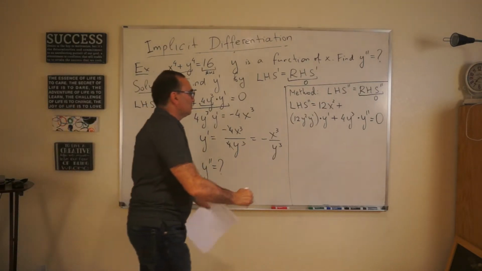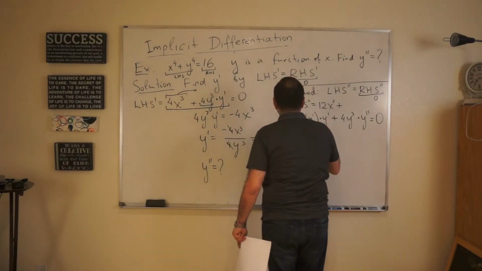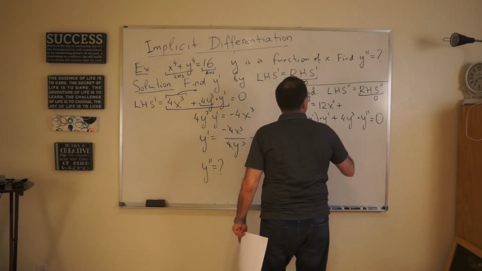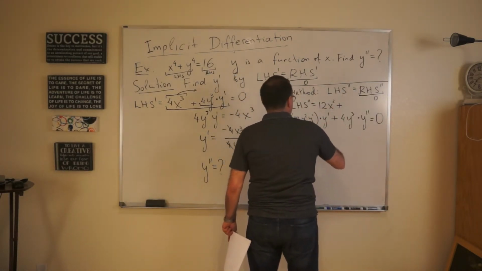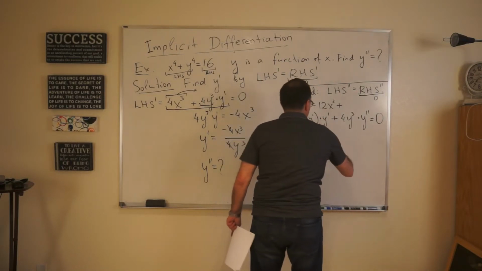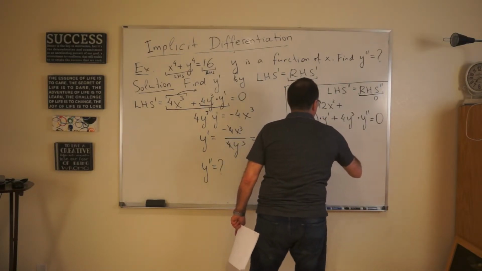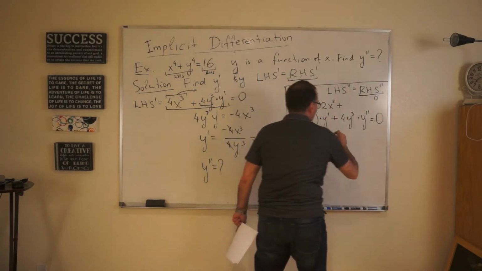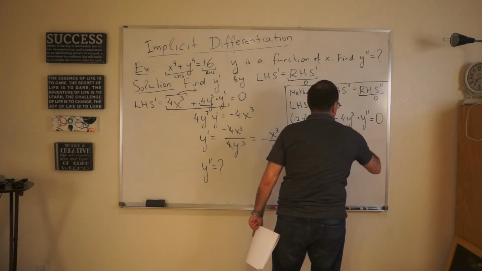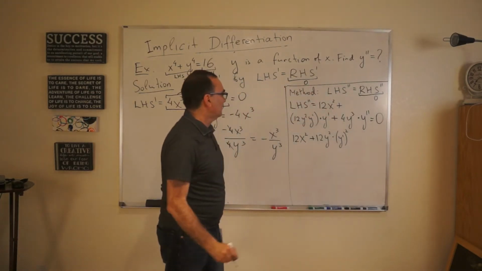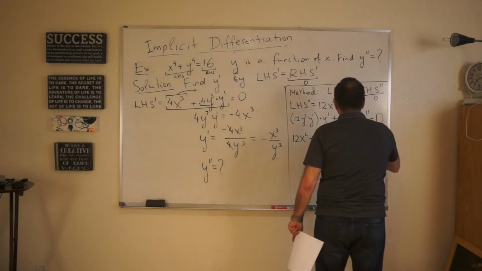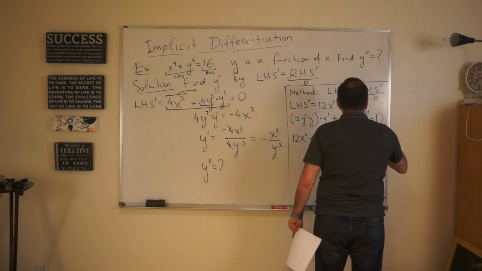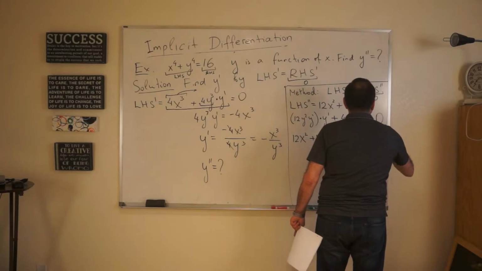So in other words, if we simplify it all, it will be 12x squared plus 12y squared times, and now it's y prime times another y prime, so it's y prime squared, and plus 4y cubed y double prime equals 0.